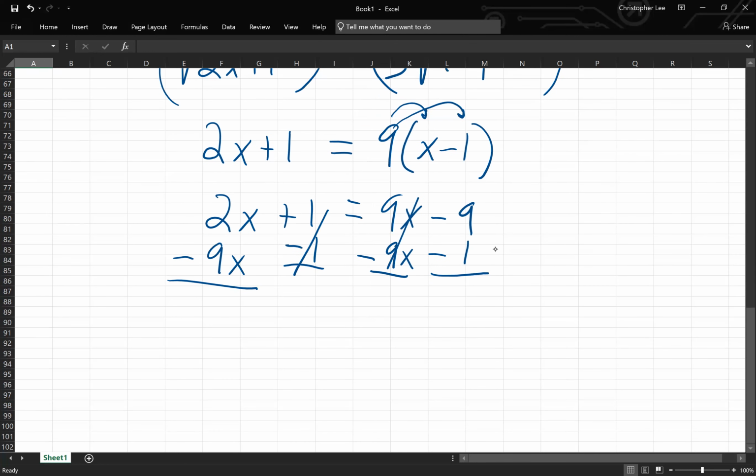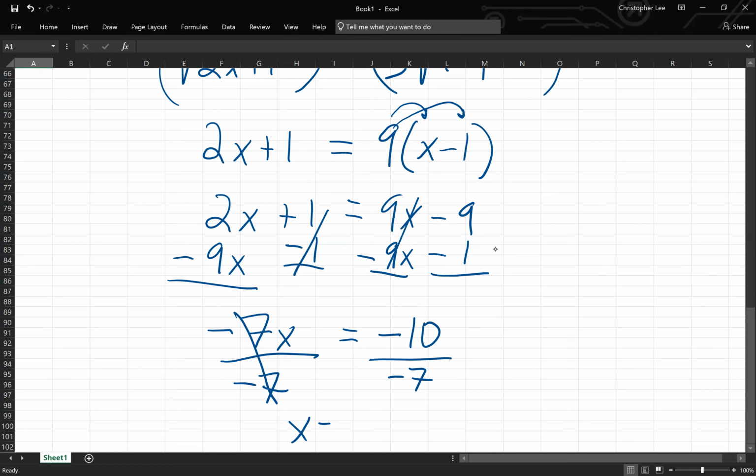So now what do I have? I have negative 7x is equal to, I think, negative 10. Then I'm going to divide by negative 7 to get x by itself. What I do to one side, I do to the other. So now I have x is equal to 10 over 7. Nah, because a negative divided by negative is positive. Okay.